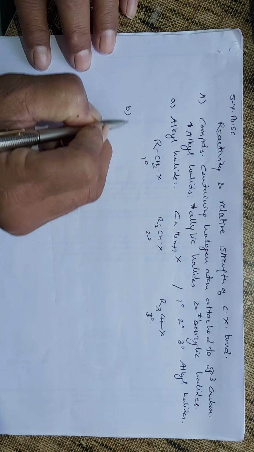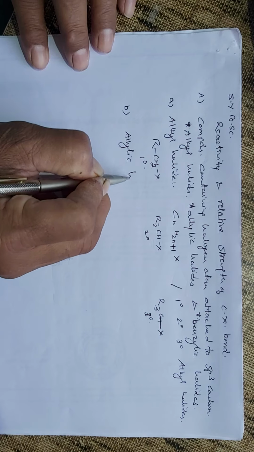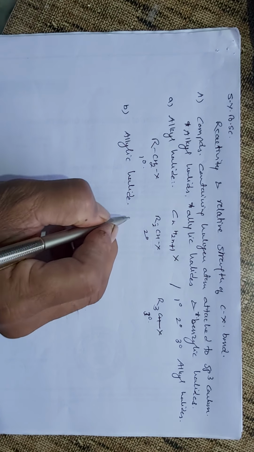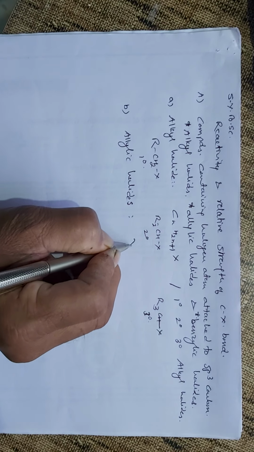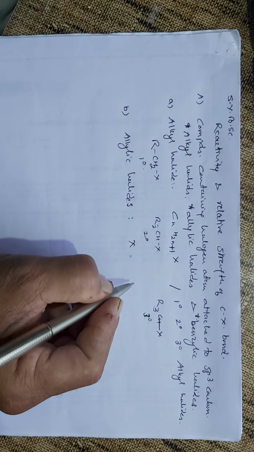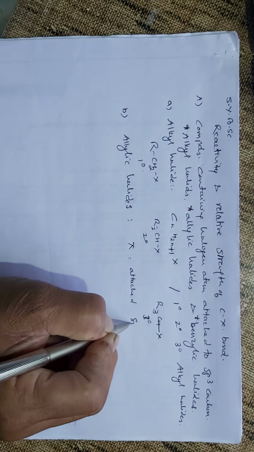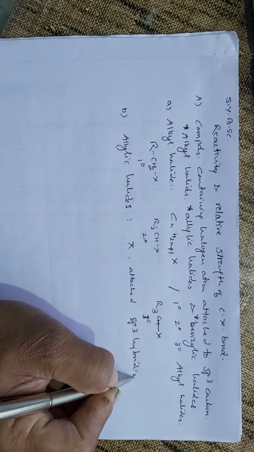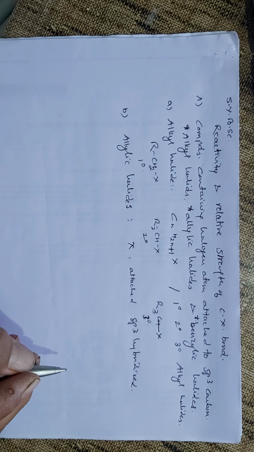The second type of compound is your allylic halide, in which the halogen atom is attached to an sp3 hybridized carbon, which is next to the carbon-carbon double bond.